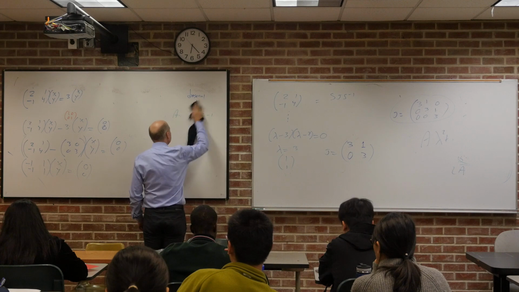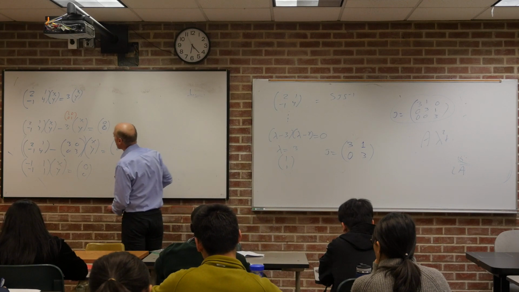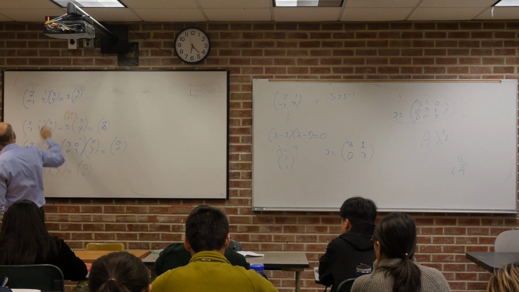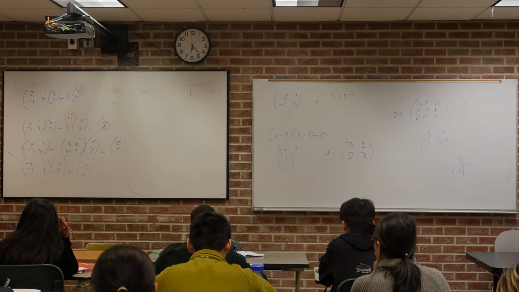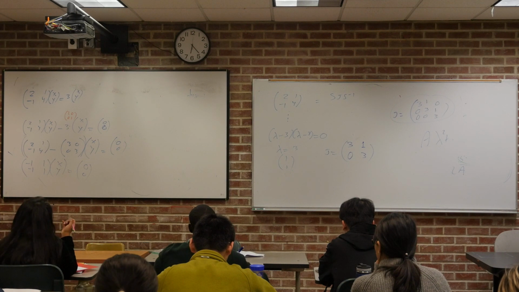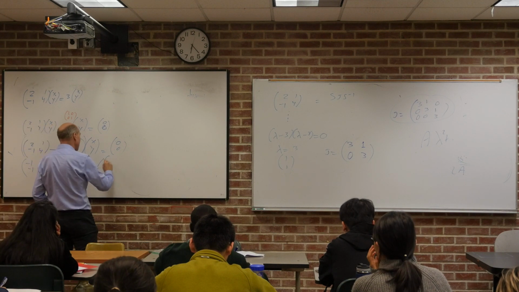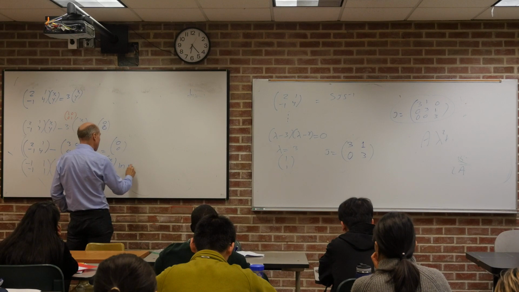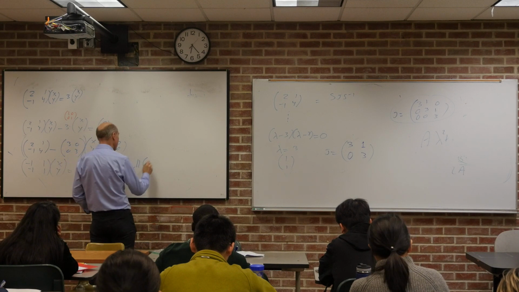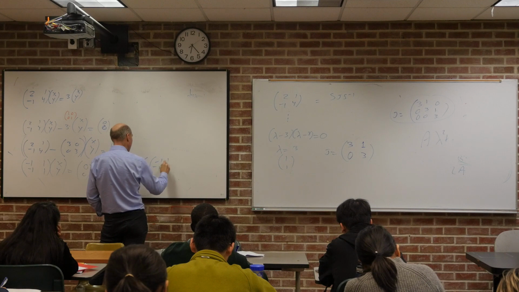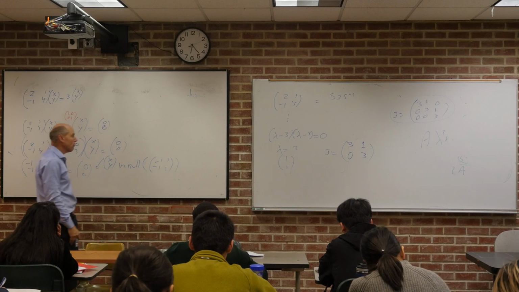So a slightly different way of saying that xy has to be an eigenvector for lambda equals 3 is to say that xy is in the null space of this matrix.